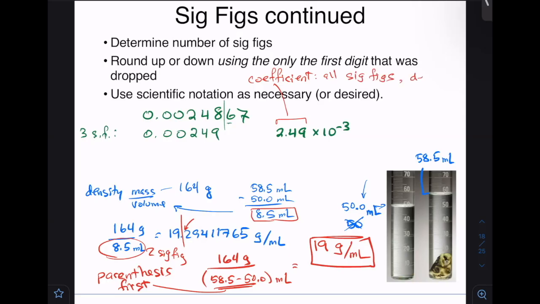And the decimal is after the first significant figure. So that's telling me right there, there's 3 sig figs in this number. It's the 2 and the 4 and the 9. By convention, you put the decimal place after the first significant digit, and then you have the exponent factor of 10. That just shows you the place value, the magnitude of this number.